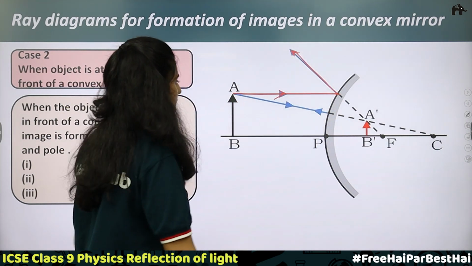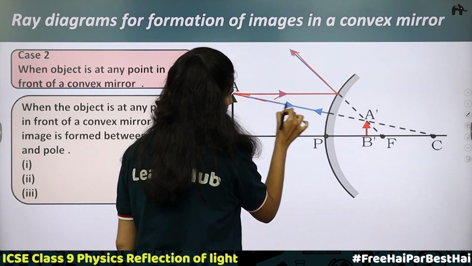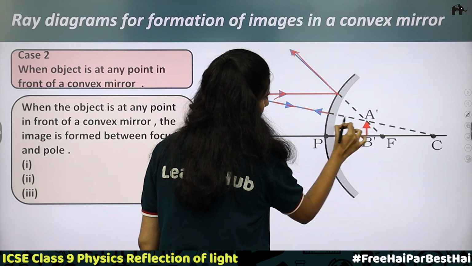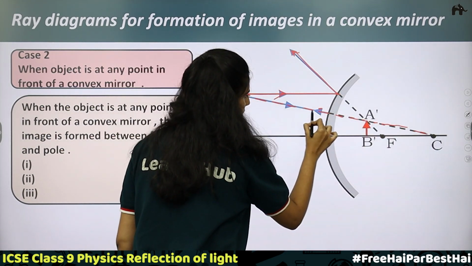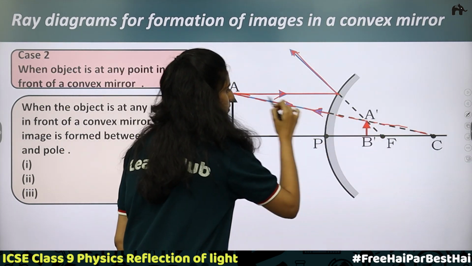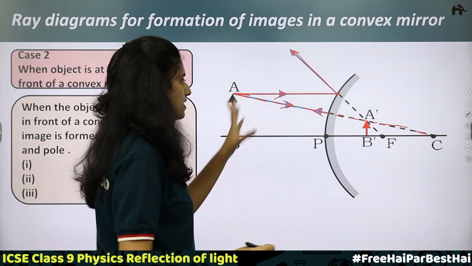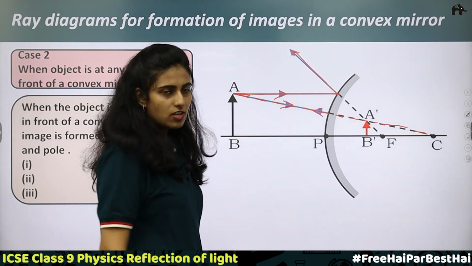Second, we are considering the light ray which is towards the center of curvature. After reflection, what happens? A light ray which is towards the center of curvature, the reflected ray will follow the same path as the incident ray. So this is the reflected ray. Yes, we got the reflected ray.